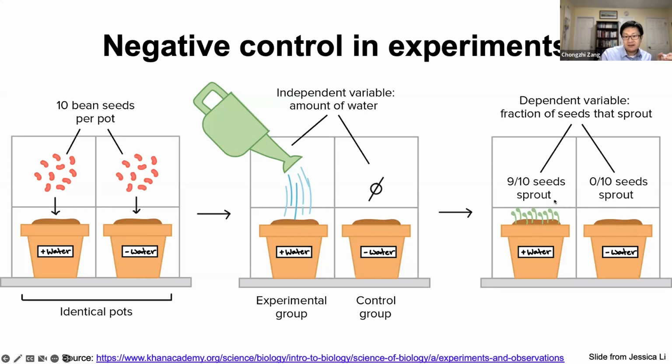And then we can see that in those pots we have the sprout, and in the control, we don't have sprout, right? Without the control group, we do not know the effect of adding water. We can only draw a conclusion if we have a control group. So the null hypothesis is just like the negative control in our experimental design.